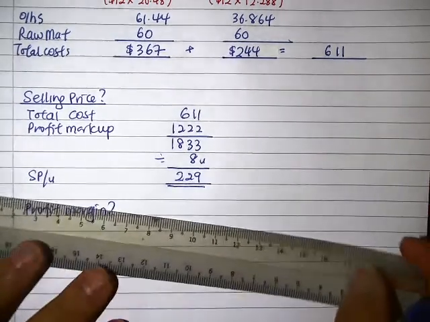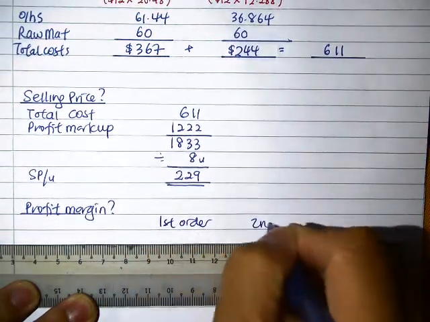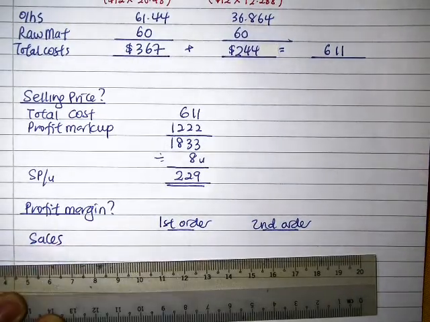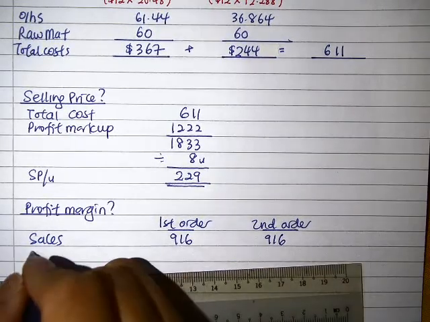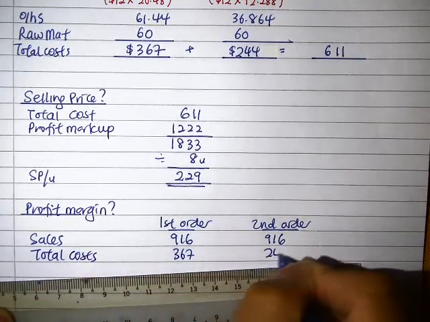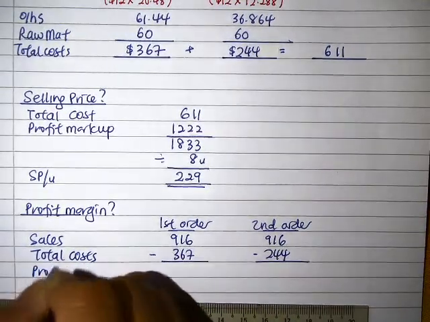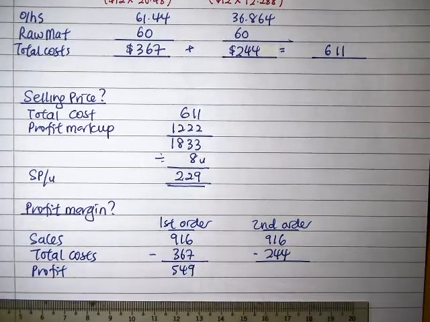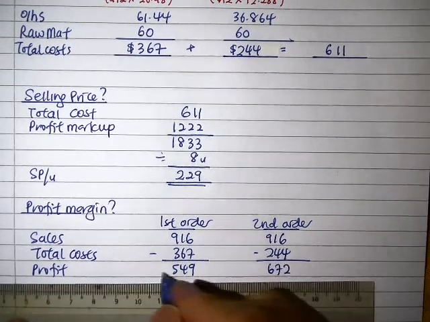Right, for the first order and the second order, your sales will actually be 916. Your total cost is 367, 244. Right, this is giving us a profit of 549 and 672.